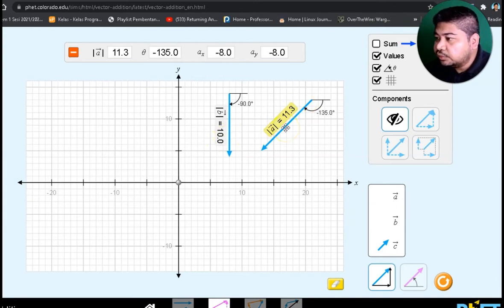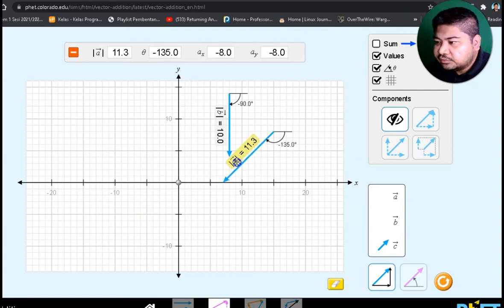This method is known as the free body diagram. Free body means we exclude the body and we only represent the body by a single point here. And then we can draw a Cartesian to help us visualize the vectors better.